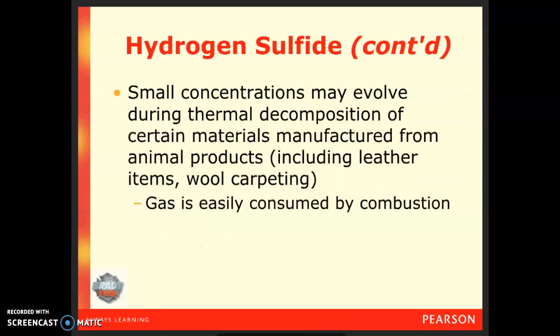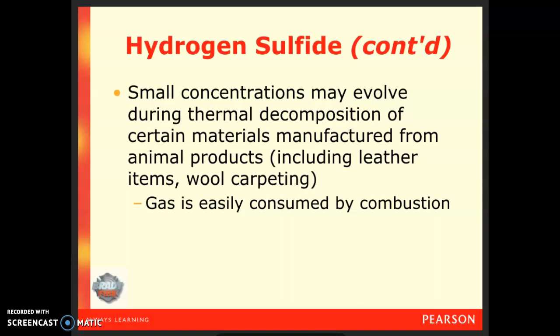Now, what we also will see is that when certain things thermally decompose, especially natural products, we will see small concentrations that might burn or be emitted as those substances decay. And so we tend to think of things more along the lines of natural materials, leather, wool products. And if those products are heated to a high enough temperature, the decomposition can lead to those hydrogen sulfides coming out.